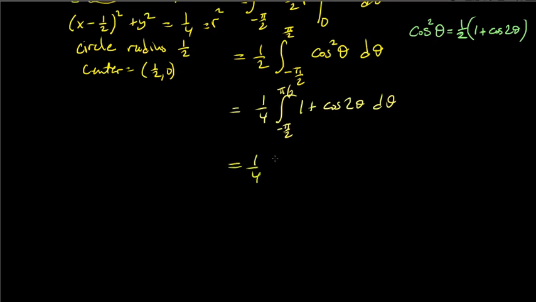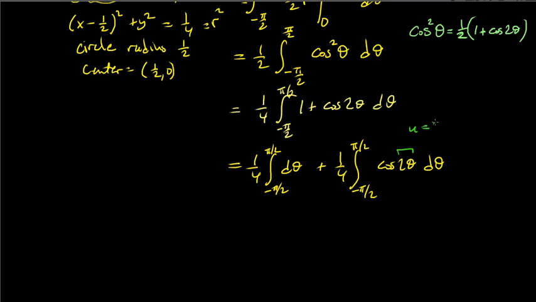So we get the 1/4, the integral of 1 d theta, from, again, minus pi over 2 to pi over 2. And then the hard one, we have 1/4 the integral of cosine of 2 theta. And that will require a substitution, but a very easy one.